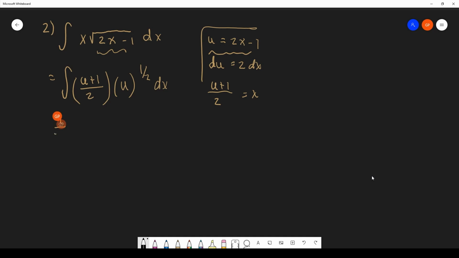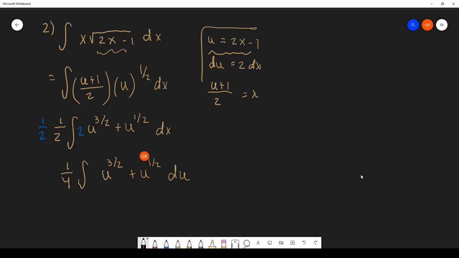I can take out the 1/2, and I get that this is 1/2 times the integral of u to the 3/2 plus u to the 1/2 dx. And now I have to multiply by a 2 so I can get my du. So I'm going to multiply by a 2 on the inside, and multiply or divide by a 2 on the outside. And this is going to become 1/4 times the antiderivative of u to the 3/2 power plus u to the 1/2 power du.